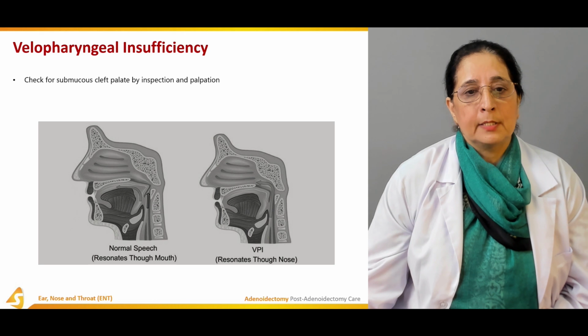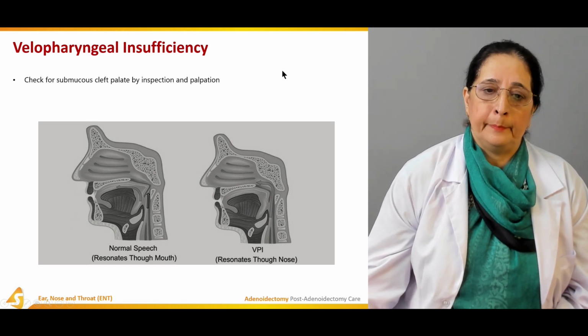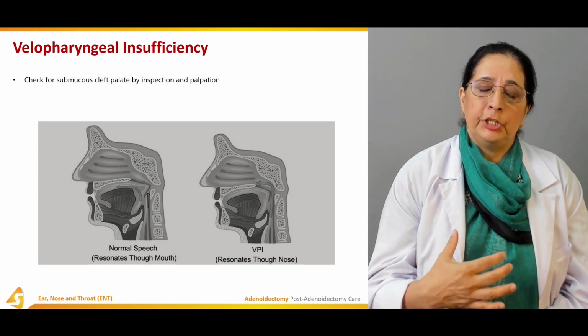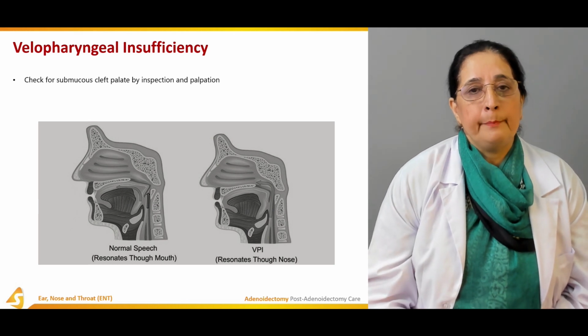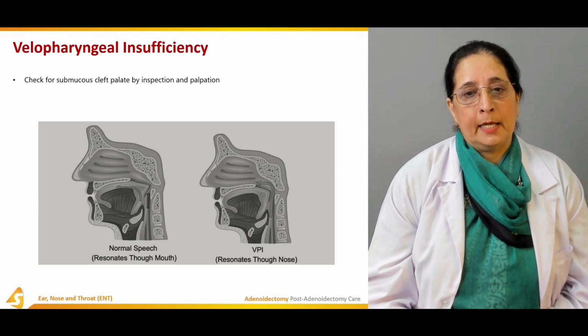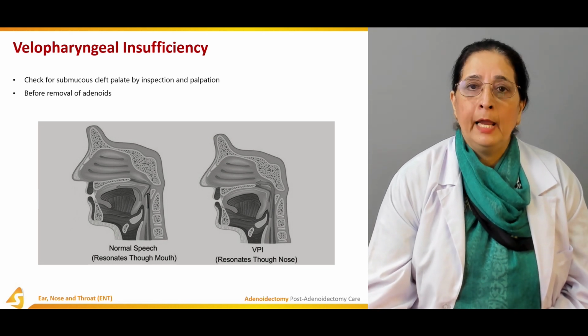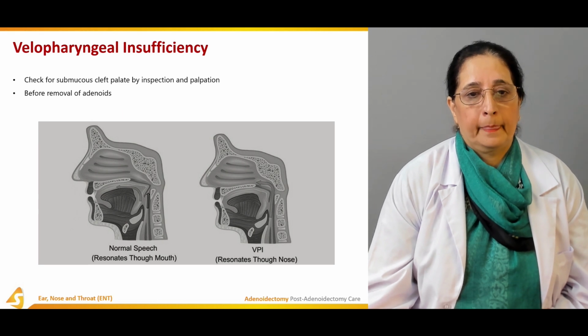So check for submucous cleft palate by inspection and palpation. If you remember, that's one contraindication for the procedure. So always look for any submucous cleft palate by inspection and palpation before adenoidectomy is performed.